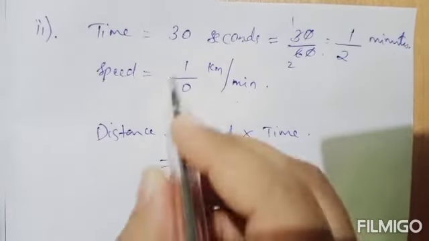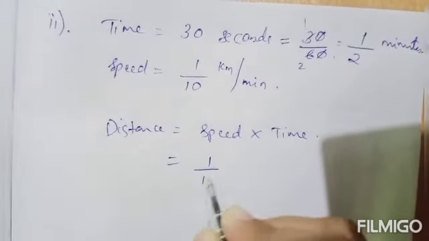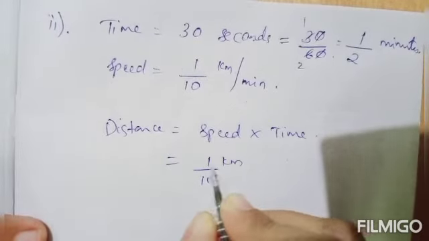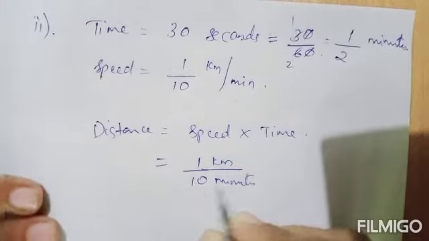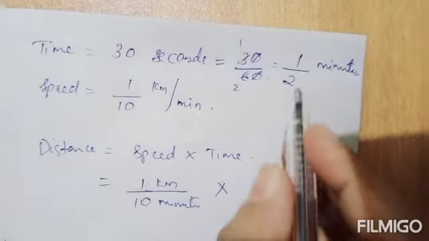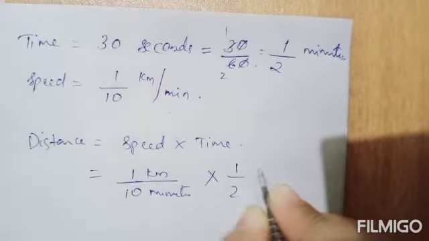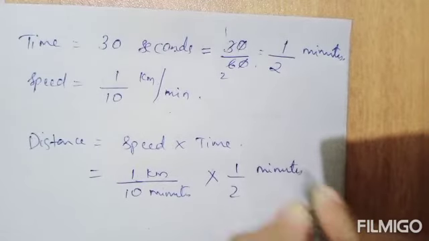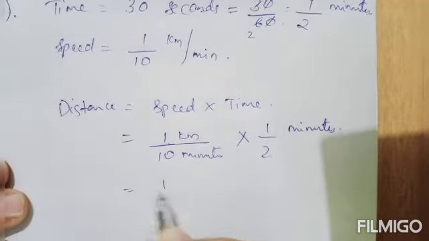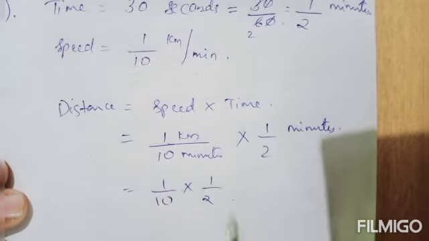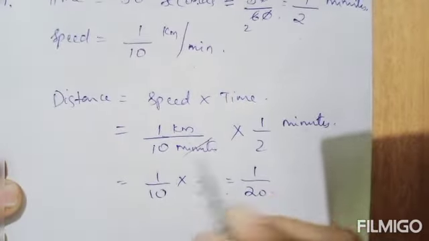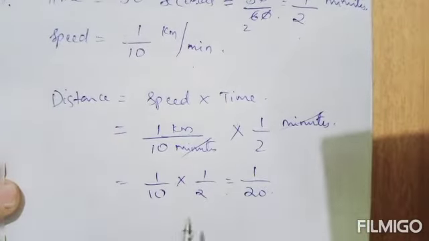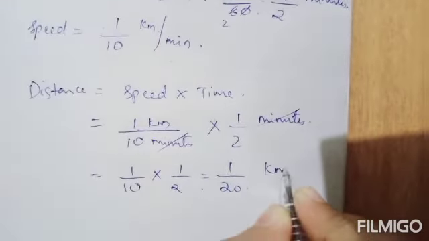Now the speed is 1 by 10, and the unit is kilometer per minute, into time, which is 1 by 2 minutes. Now you can do 1 by 10 into 1 by 2. What you will get is 1 by 20. The minute and minutes you can cancel. So the answer is 1 by 20 kilometer.